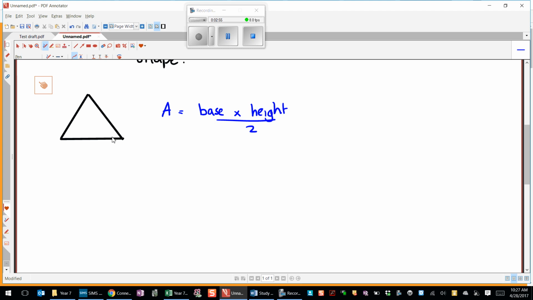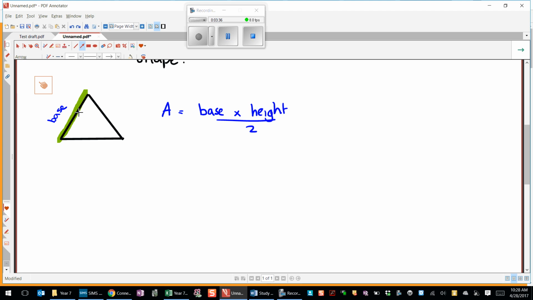to the base. Okay, so the only issue with what you said was if the base isn't the bottom, the highest point of the triangle isn't necessarily going to be the highest point unless you rotate it. So the one specific thing we keep about what you've said is it must be perpendicular. So for instance, if I choose this side here as the base, the height would be from this line to that point, and it must be perpendicular, yeah?